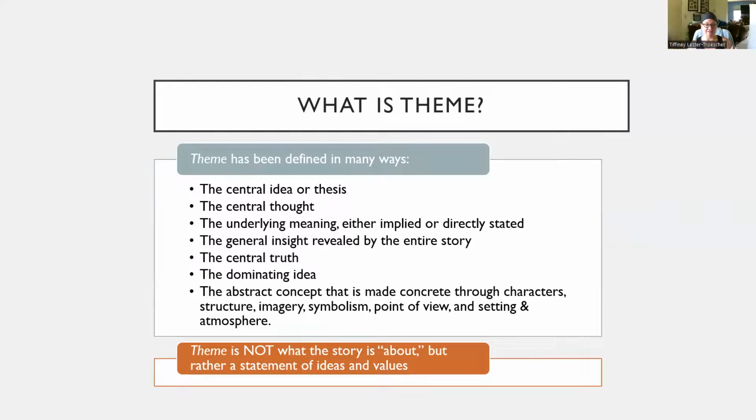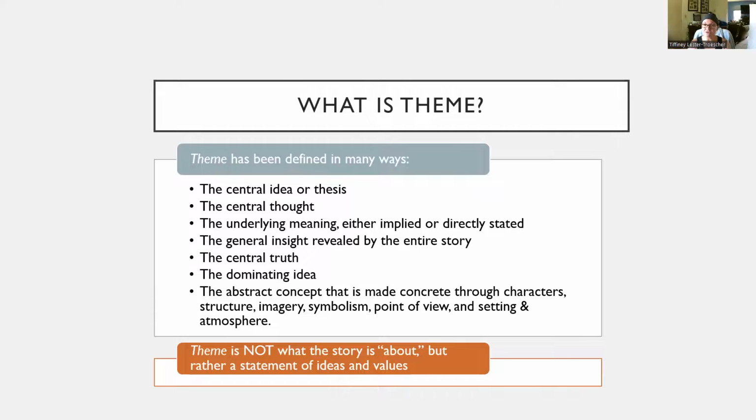It's the central idea, the central thought, the underlying message, the general insight that the story reveals, the central truth of the story, the dominating idea of the story, an abstract concept that is made concrete through characters, structure, imagery, symbolism, point of view, and setting and atmosphere. So all of those elements that we just discussed, working together throughout the story, create and reveal the theme.